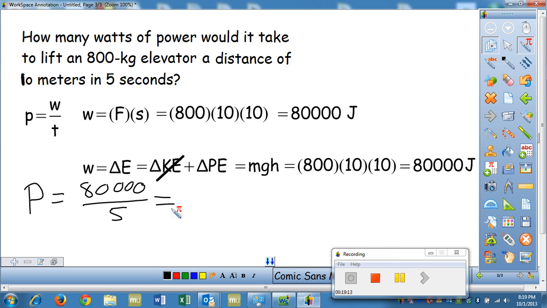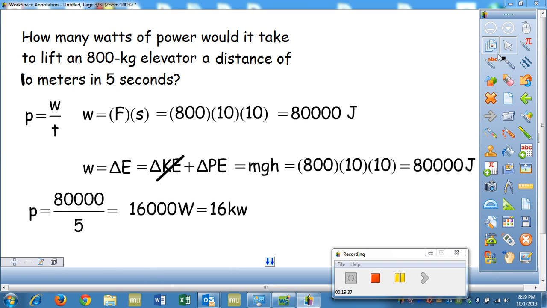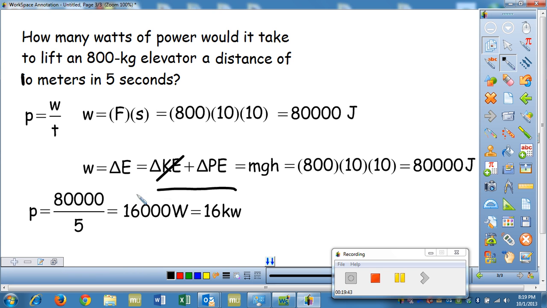Got my calculator. 80,000 divided by 5 equals 16,000 watts. 16,000 watts, or 16 kilowatts. And that's our solution. It would take a 16,000 watt motor to move that elevator the distance of 10 meters in 5 seconds, 16 kilowatts. That's a pretty serious motor powering that elevator.